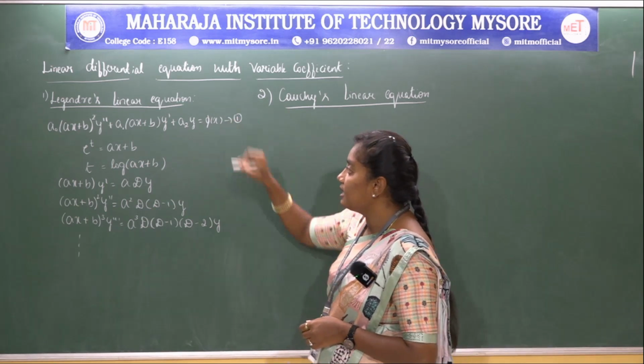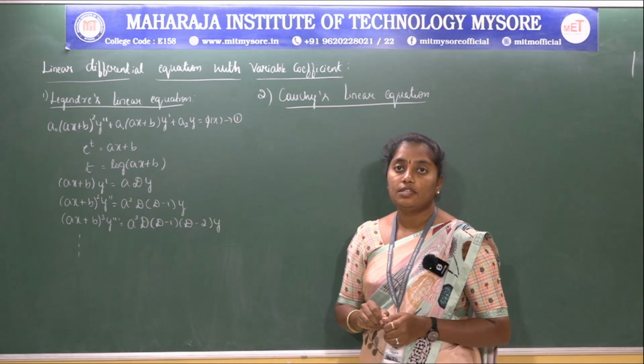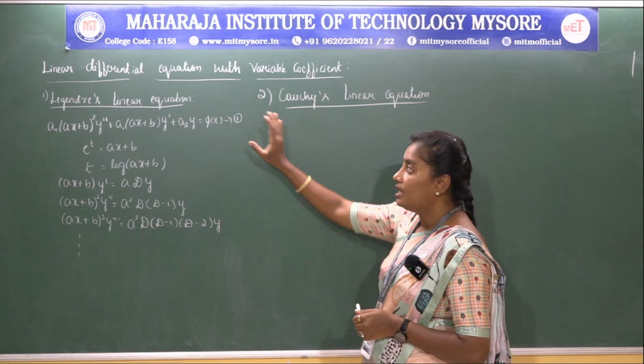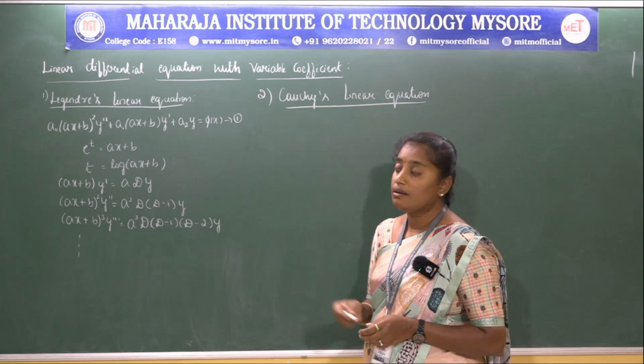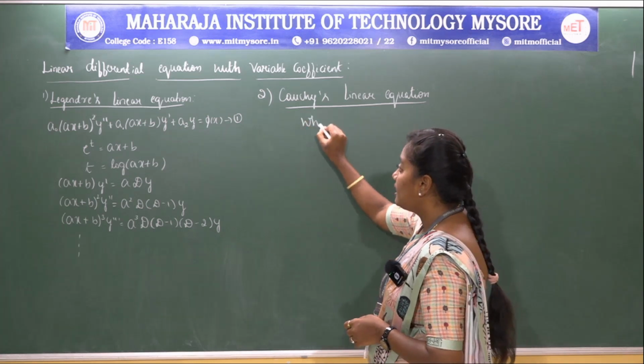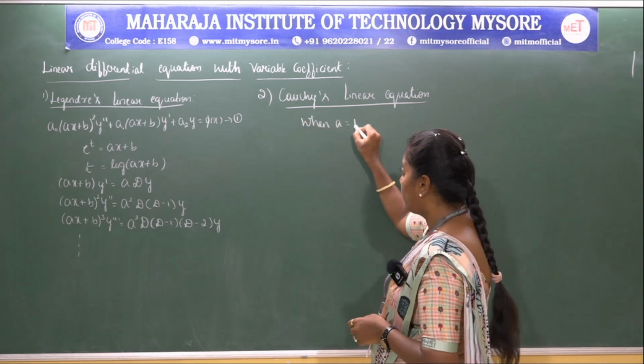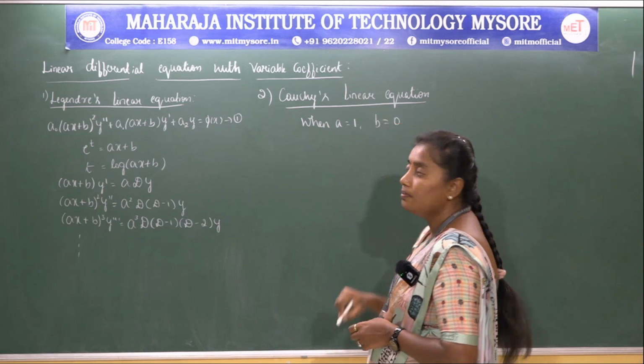Here let us take Legendre's equation as equation number 1. As I said, Cauchy's linear equation is a particular case of equation number 1 when a is equal to 1 and b is equal to 0.